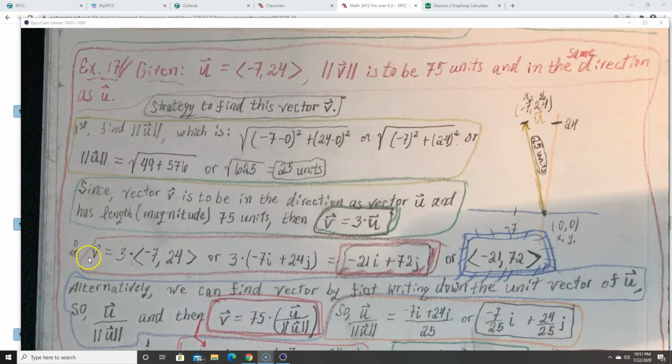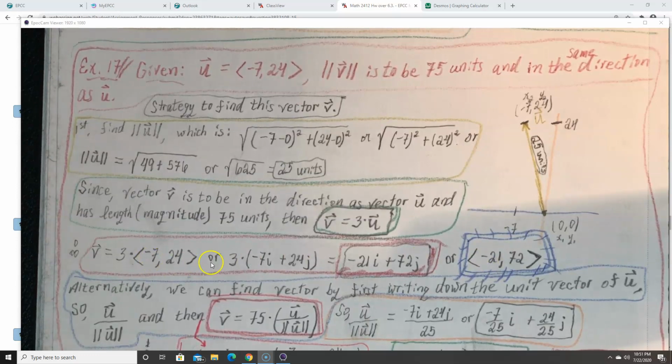Therefore, the new vector v is 3 times as long as the original vector, which in component form was this. So you can just multiply 3 times negative 7 and 3 times 24. 3 times negative 7 is negative 21. 3 times 24 is 72, and that's one way.